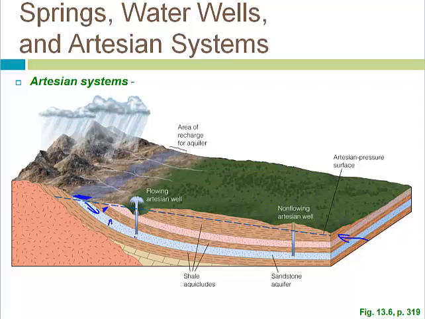You have a hole in that aquiclude, the water is going to move up under pressure, and you're going to get a spring, or flowing artesian well. In areas where you do not reach the surface, because the pressure is not great enough to bring it up, it's still moving up into the shaft of the well, but it doesn't get up to the surface because the pressure surface is actually below the surface of the land.